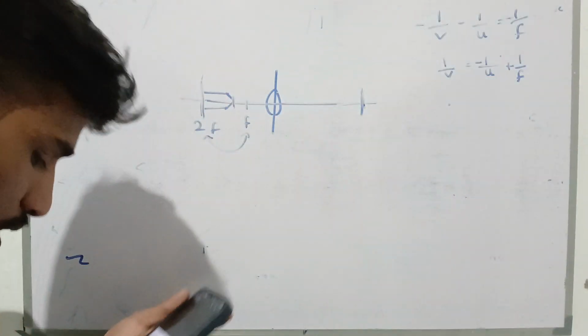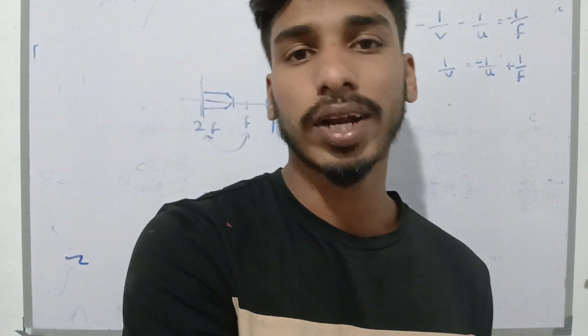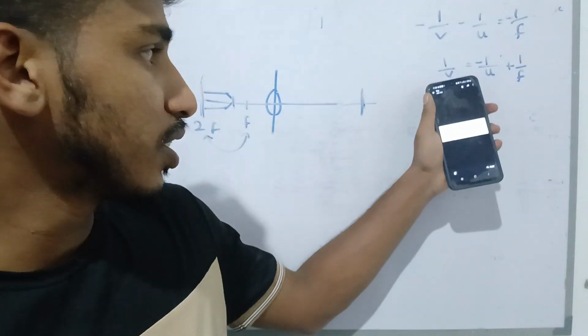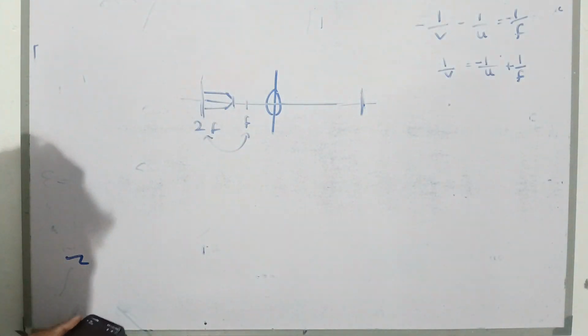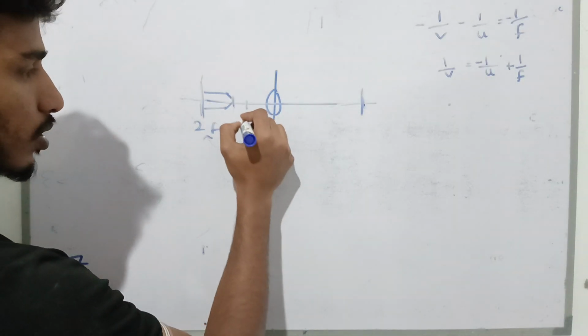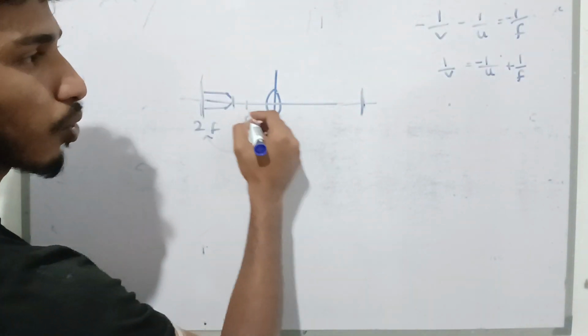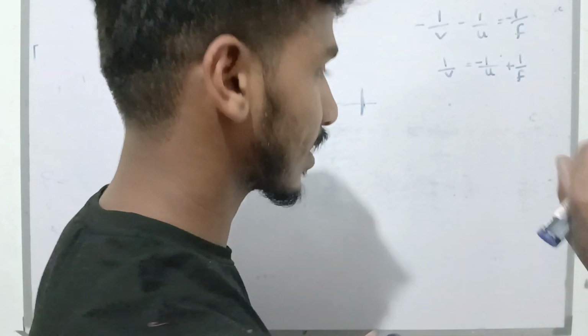Okay. Now you should understand, I said your point, right? When you are moving away from the focal length, the image distance is reducing. Let's see why. Let's take some values, okay? Let's write in terms of f.